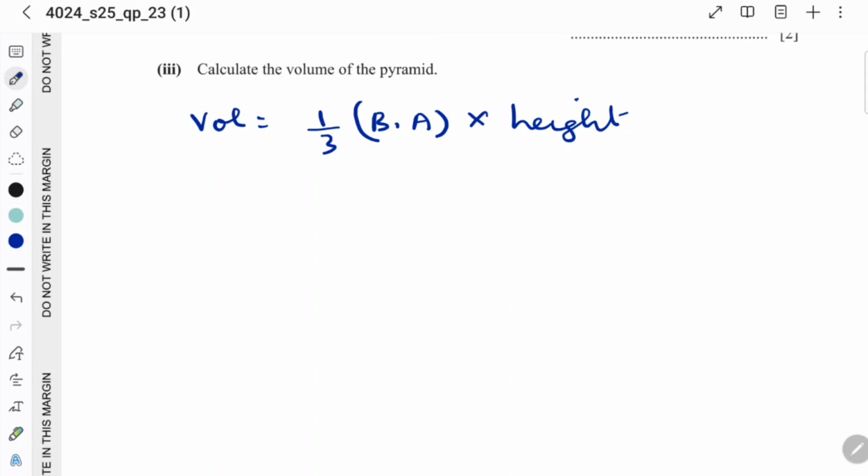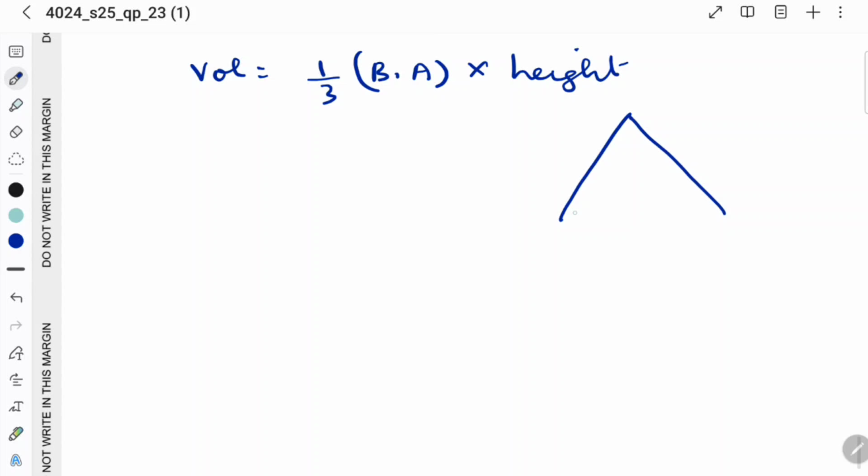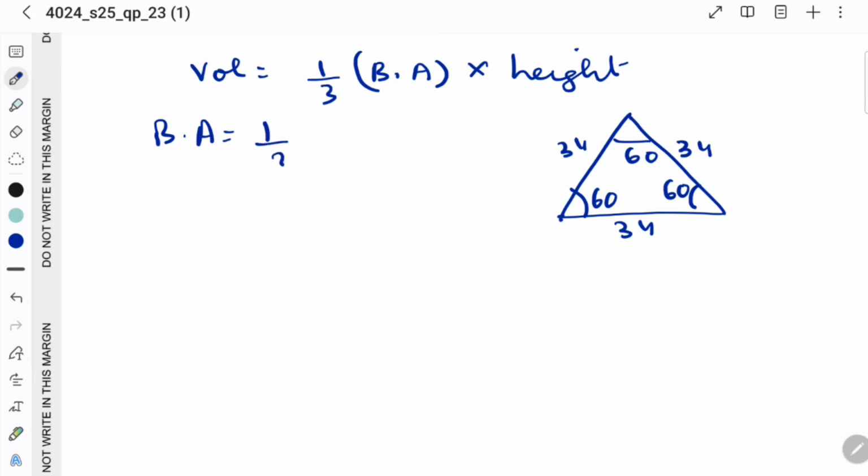To calculate the base area, what do we do? The base is an isosceles triangle, 60 degree, and all the sides are equal to 34. So base area is equal to half 34 into 34, half AB sine C, sine 60.